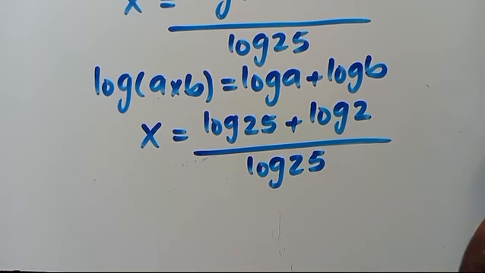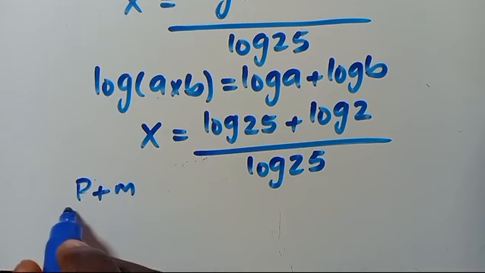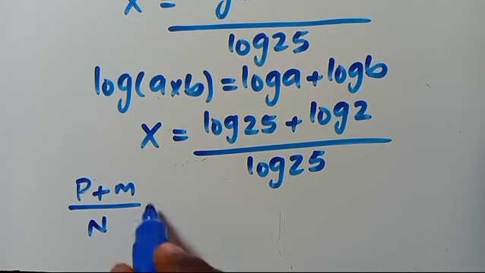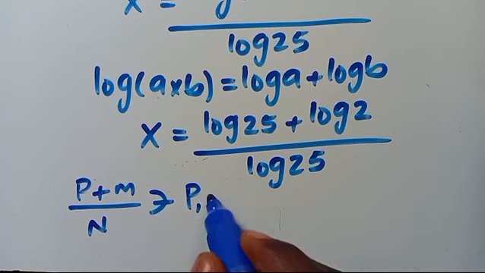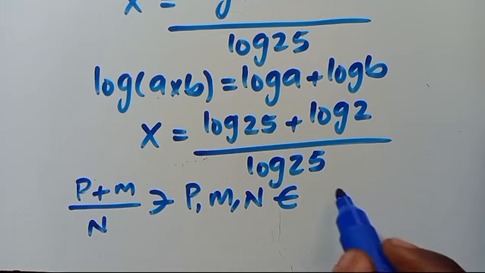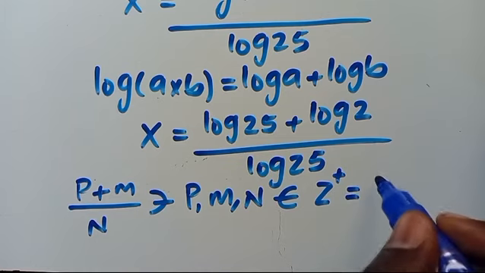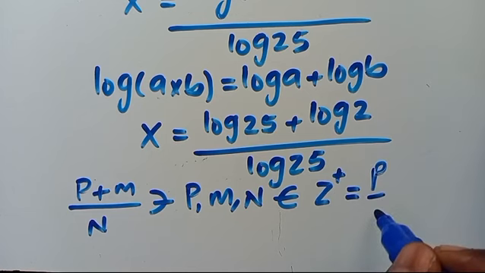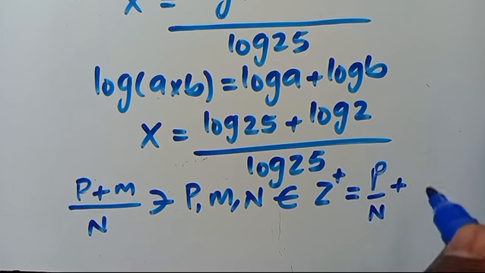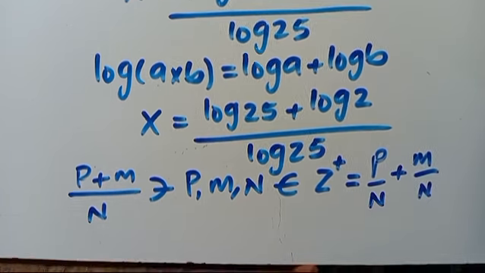Then when you have a parameter p plus m over n, such that p, m, n are all members of the positive integers, we can simplify this as p over n plus m over n.